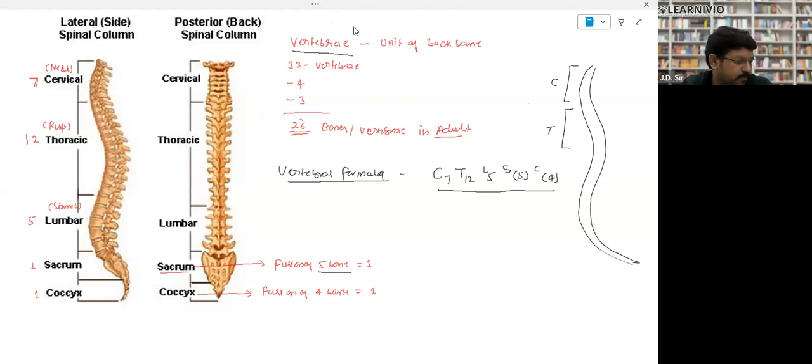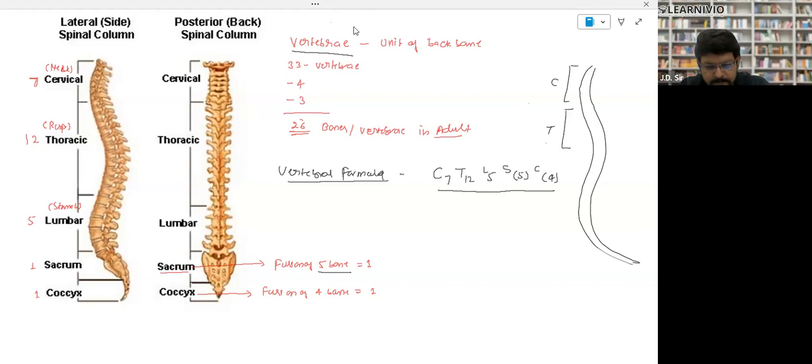What is the length of the vertebral column? First, we write down the formula.